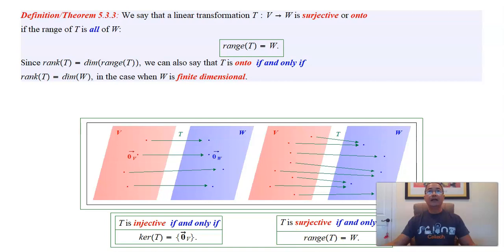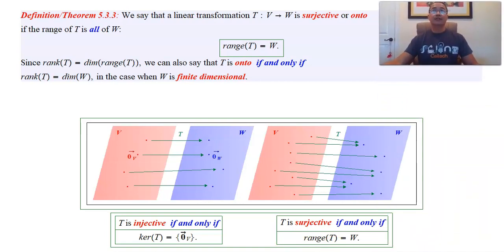And here is a diagram that summarizes both of those definitions. So a transformation is surjective or onto if the range of the transformation is all of the codomain. The range of T is W. Now, if W is known to be finite dimensional, then again we have the rank test.